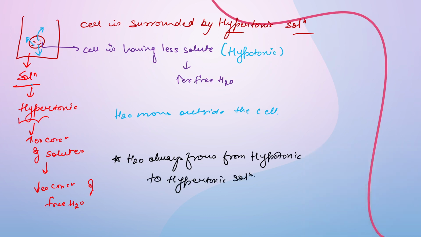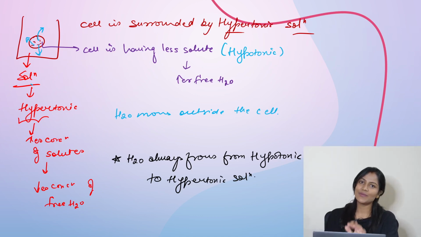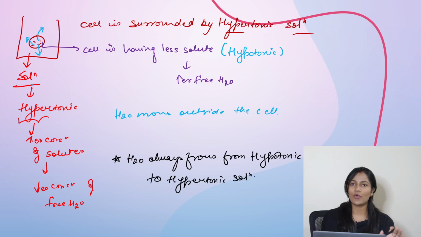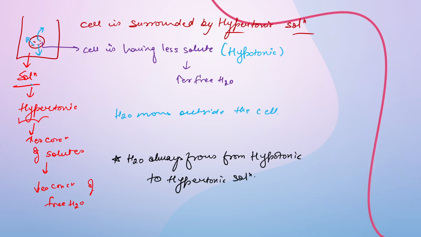Okay? Look at the statement I have written, try to understand it, and in case you guys have any doubts, please do let me know. So yes, kids, I hope it is clear to you guys that the water always moves from the hypotonic to hypertonic condition. So hypotonic, let me explain it once again.